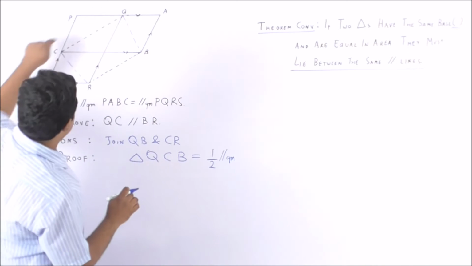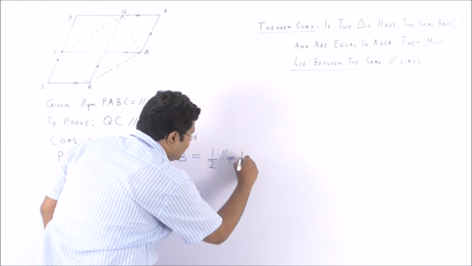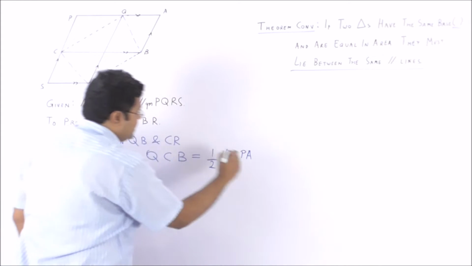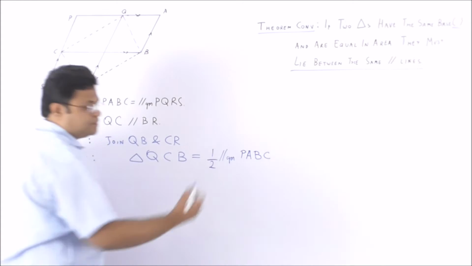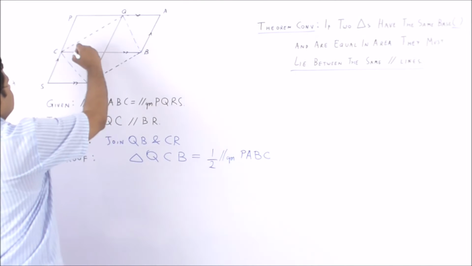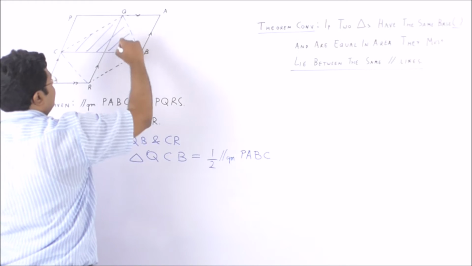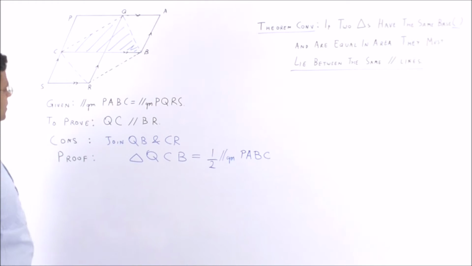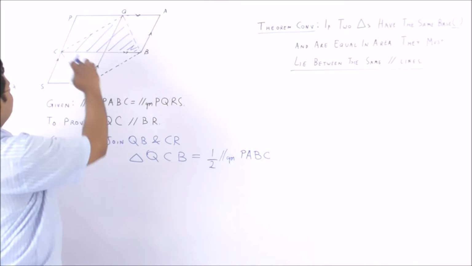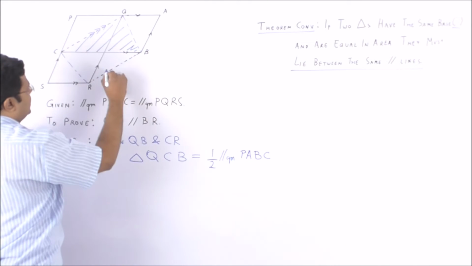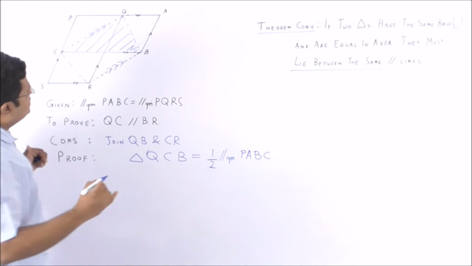This QCB is half of parallelogram PABC. Now you need to think, this triangle is half of the upper parallelogram. Coming back, we have to prove CQ parallel to BR. They are not yet parallel, but I am just drawing this.